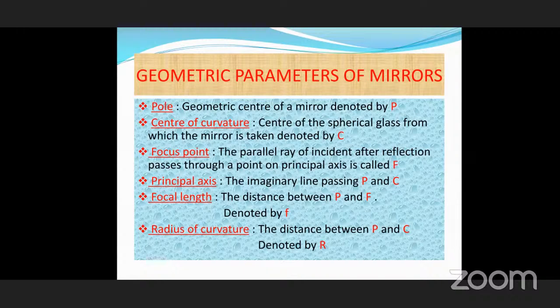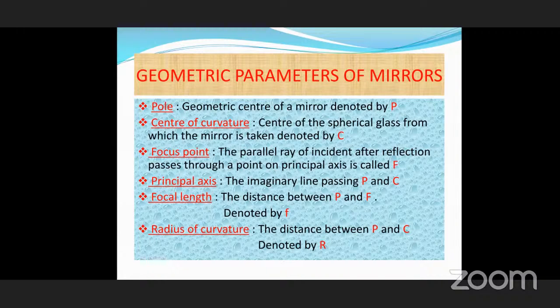After reflection, it passes through a point. That point is called the focus. Can you understand? Now coming to focal length. Focal length means nothing but the distance between the pole and the focus point. How much distance is it from this focus point to the pole of the mirror? It is called the focal length.